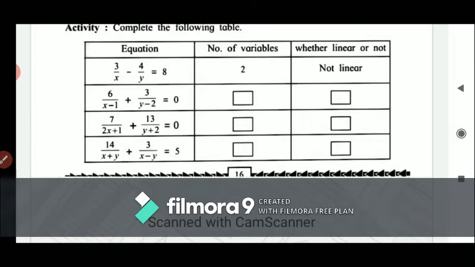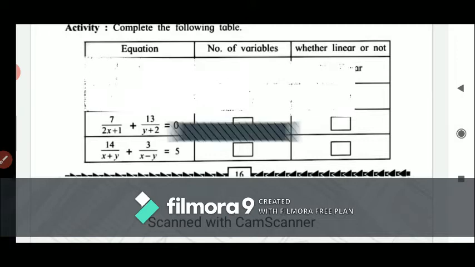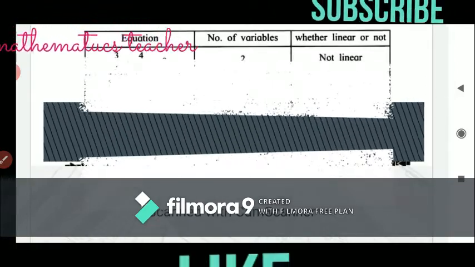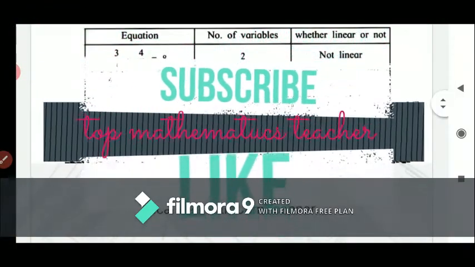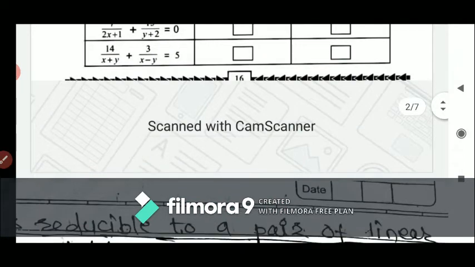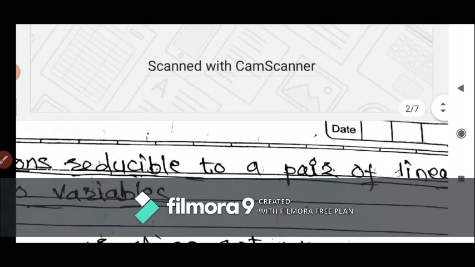Here also there are two variables x and y. It is also not a linear equation. Similarly, the fourth equation: 14 divided by x plus y plus 13 divided by 2 is not a linear equation, because you know that.